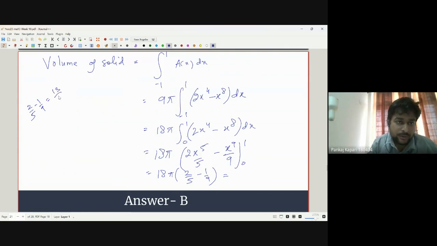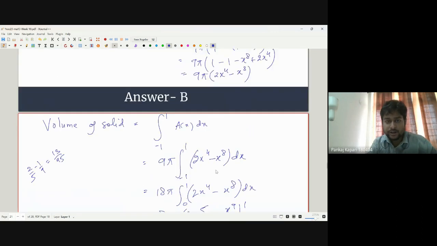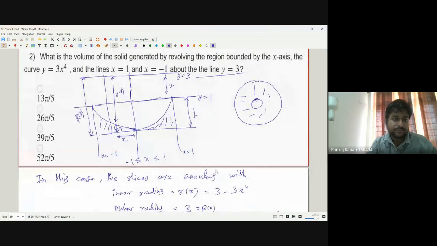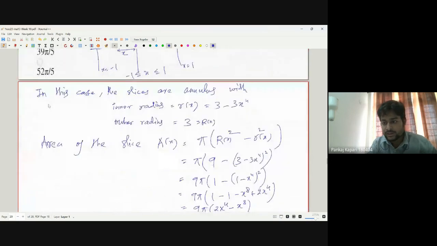It is 13 by 45, right? So 26 pi divided by how much? 5. It is 26 pi divided by 5. Second option here.